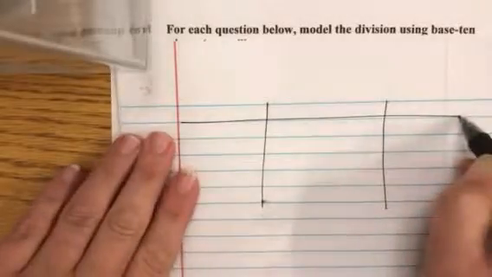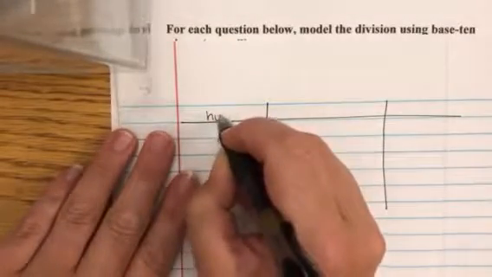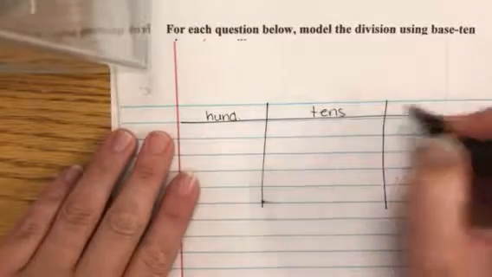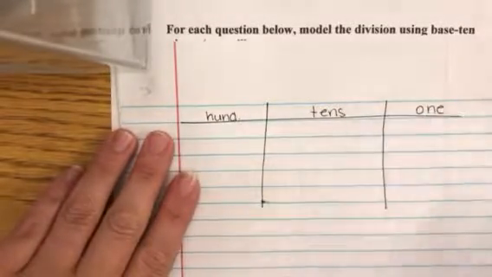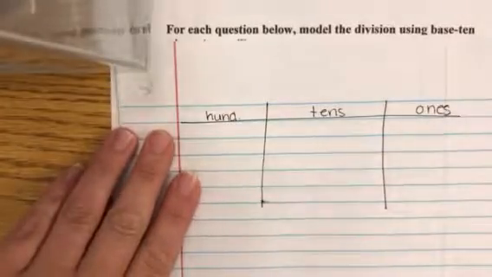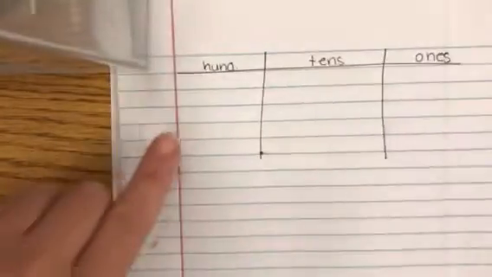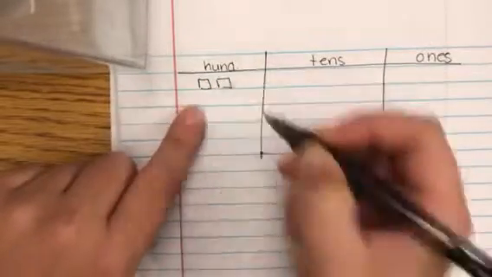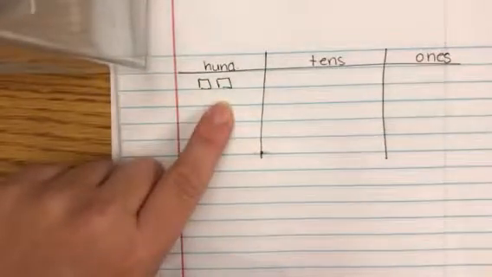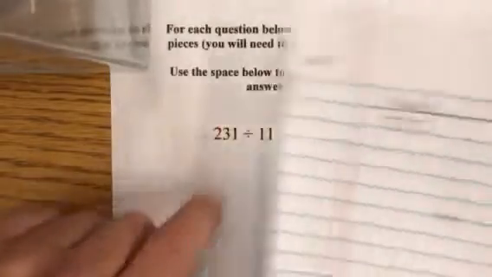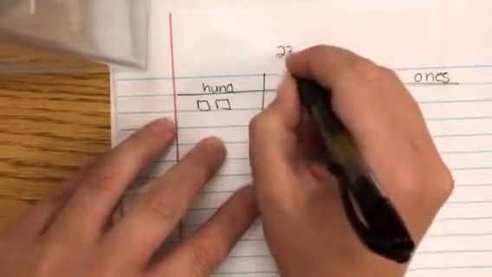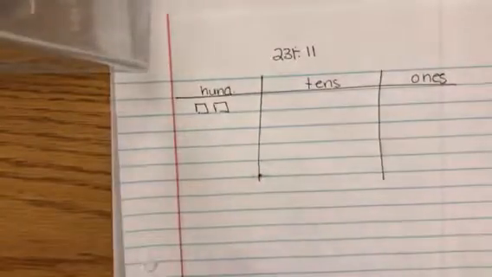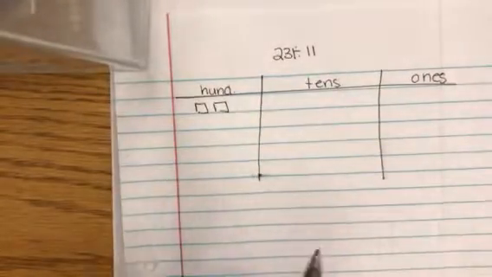So I'm going to start by making a chart of my hundreds, my tens, and my ones. So the problem says 231. So I have, so flats I'm going to draw as a square, 200, and it said 31. I'm going to write my problem here so I don't forget it. Okay, maybe I had 231 people and I need to split them into 11 groups.